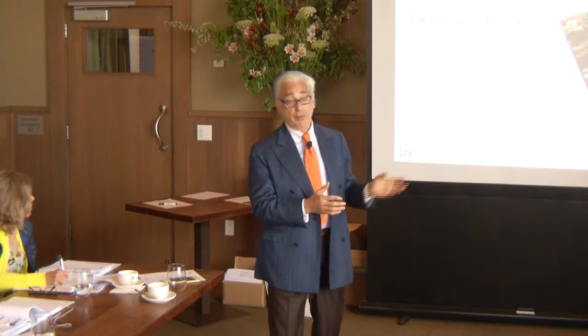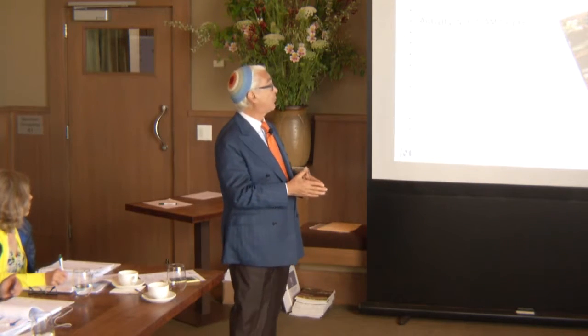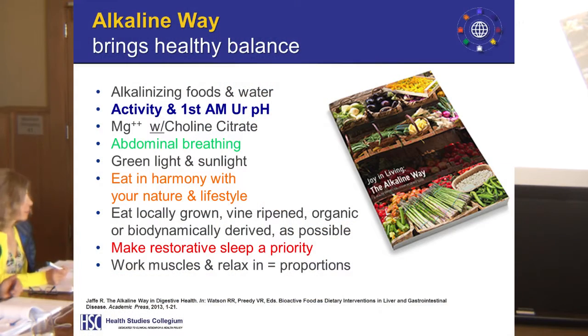So with regard to this Alkaline Way Guide, it gives you a lot of information about the physiologic alkalinizing foods and water. But you'll have no recommendation about a machine that makes alkaline water for the reasons I said before. It gives you information about that first morning urine pH and how to assess it, monitor it and log it.